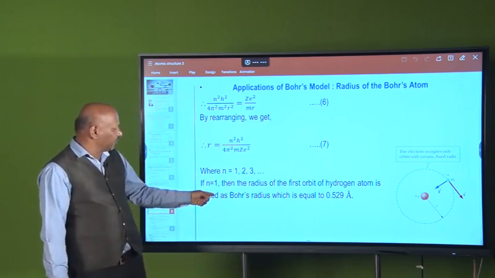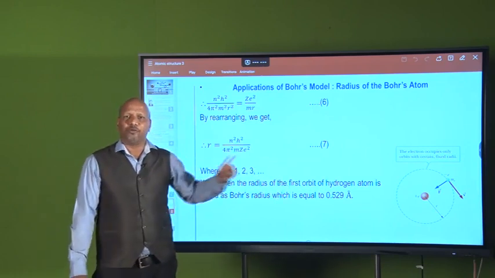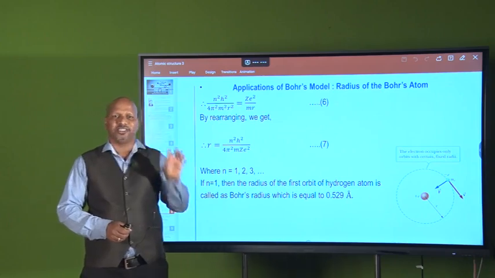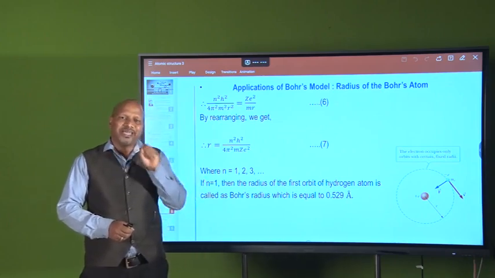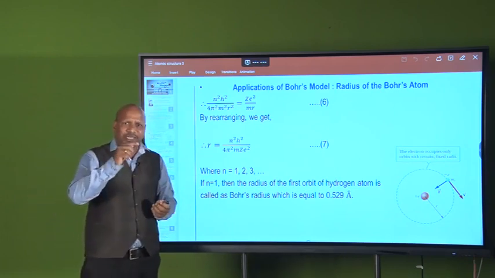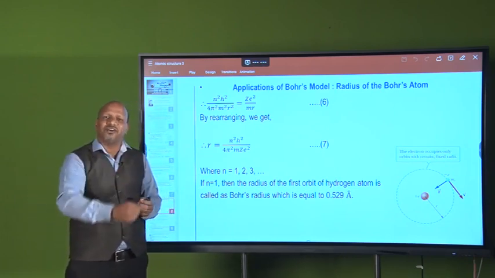So n is equal to 1 gives the radius of the first orbit, and we know for the hydrogen atom there is only one electron. That means the electron revolves in the first orbit only.